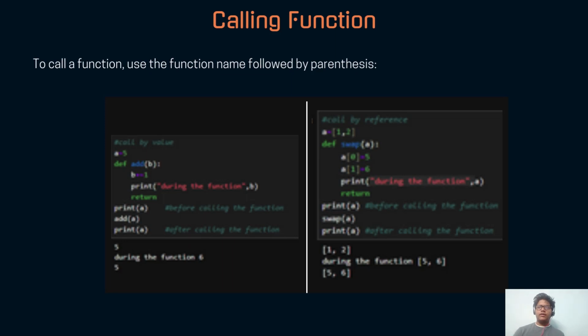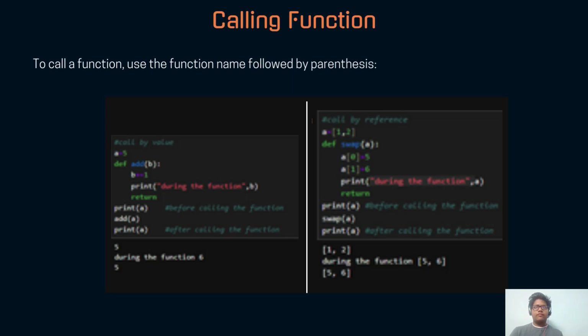A bit tricky, but let me explain this by the following code which I've written, which shows call by value and call by reference. Here, in call by value, I'm giving immutable data types such as string or numeric data types, whereas for call by reference we should give mutable data types such as a list or a dictionary.